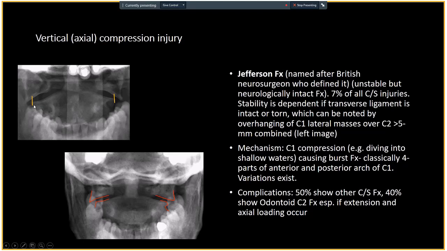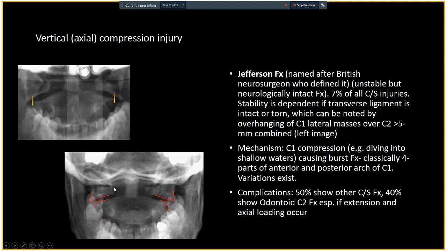And as you can see, what you find is actually overhanging or overlapping, basically lateral displacement, of the articular masses of C1, and that occurred because the fracture itself is a burst fracture, so the fragments will dissociate. On top of that, you can also see some atlantodental interspace widening.